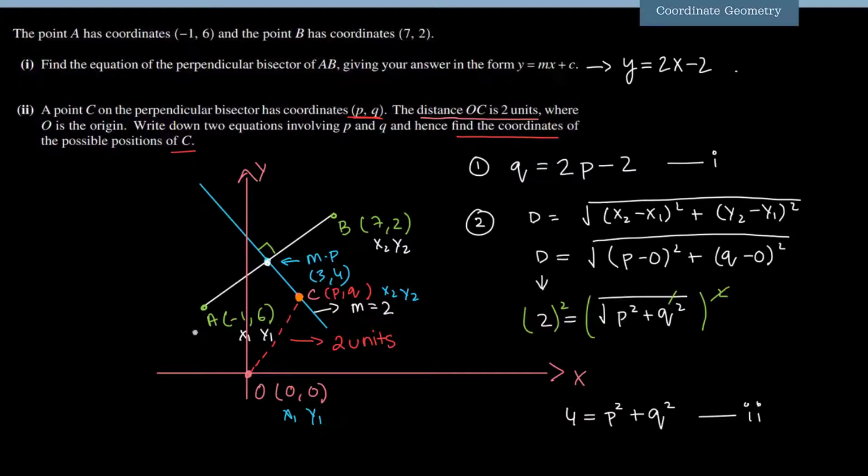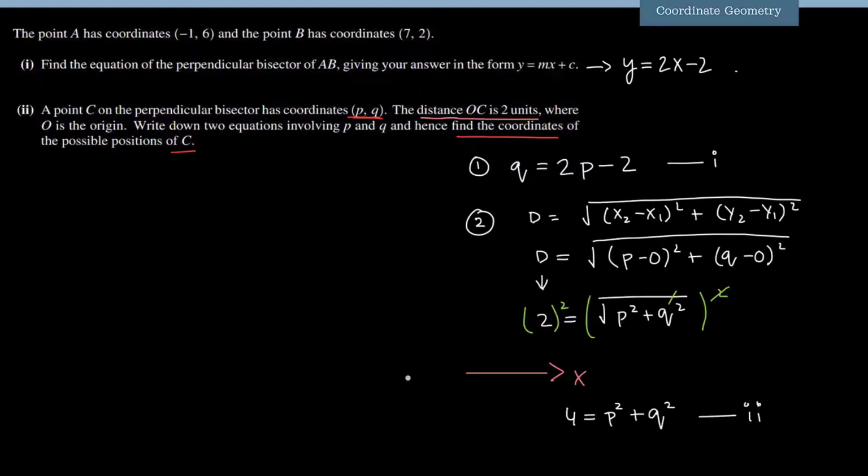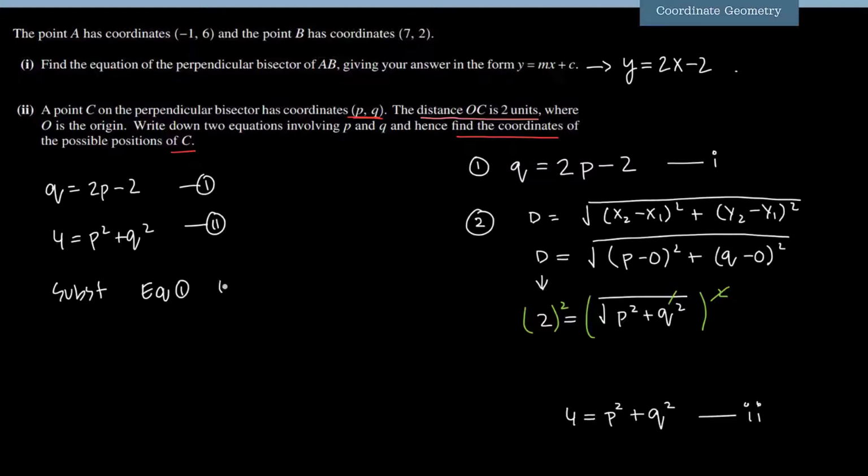Now there's no need of the sketch, so I'll just erase this because I need some space to solve these two equations simultaneously. Equation 1 is q is equal to 2p minus 2, and equation 2 is 4 is equal to p square plus q square. Q is already the subject in the first equation, so I'll substitute equation 1 into equation 2, and I'll get 4 is equal to p square plus 2p minus 2 whole square.